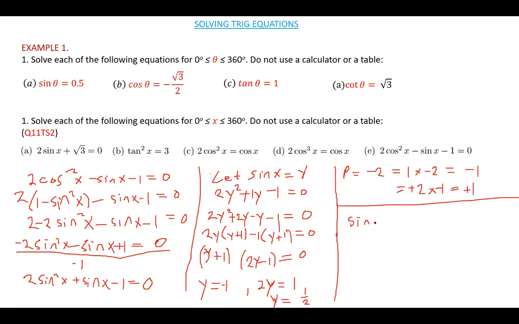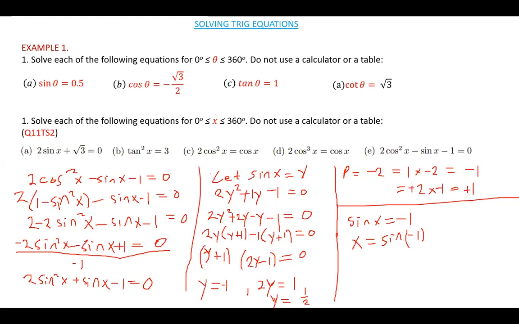So sine x is equal to -1. So for me to find x, I should find the sine inverse of -1.